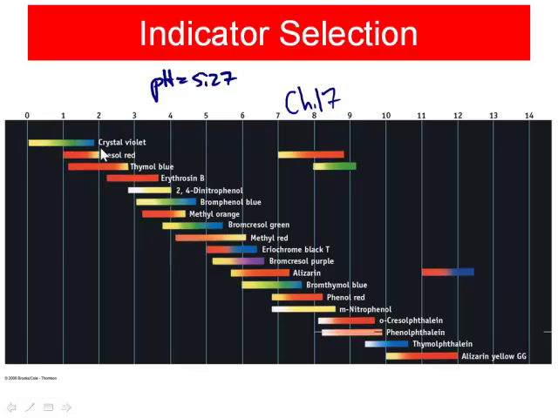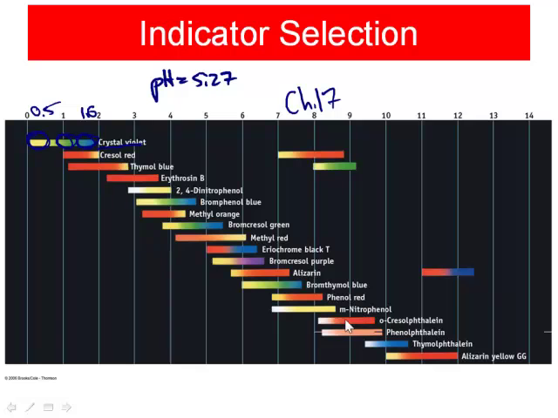For example, if we look at crystal violet, which is a really cool indicator, at a pH of about 1.6 it's a blue color. At a pH of about 0.5 it's yellow, and at about 1 it's green. So it has multiple color changes.